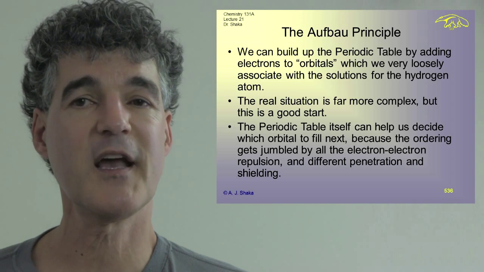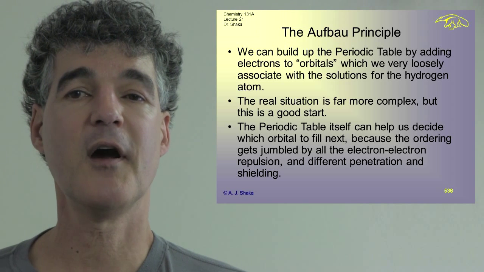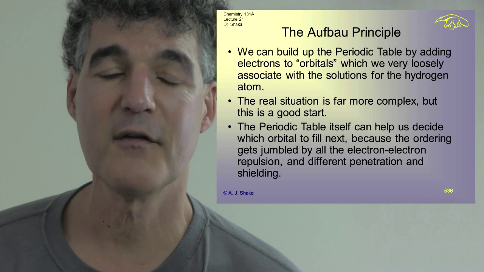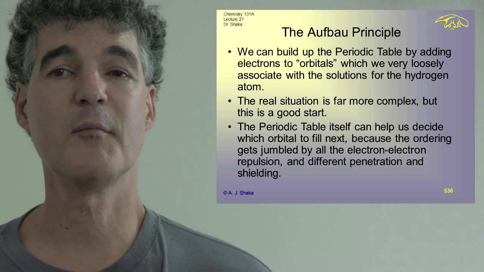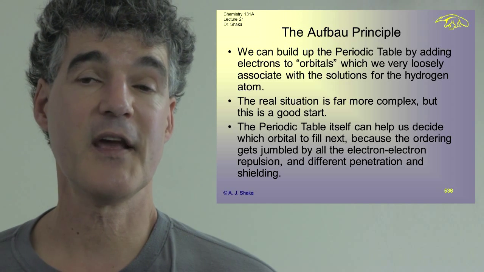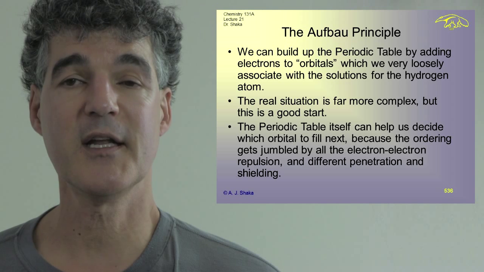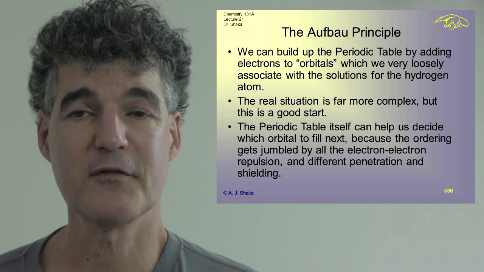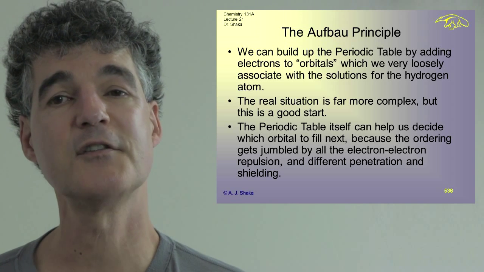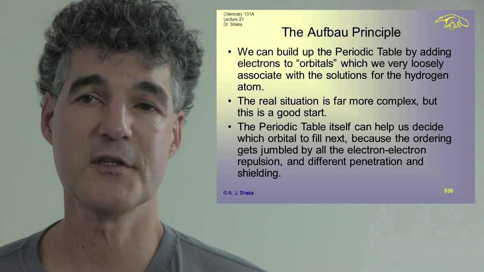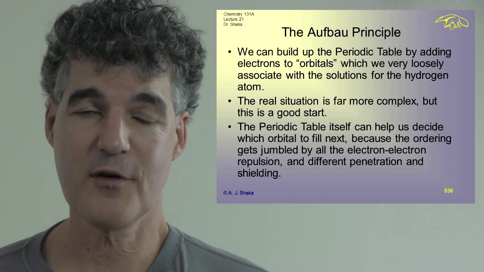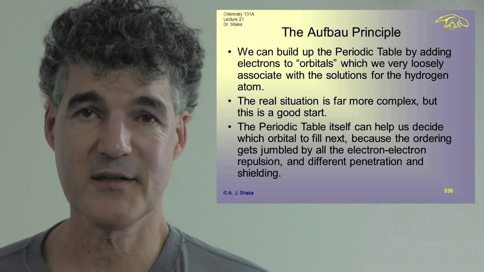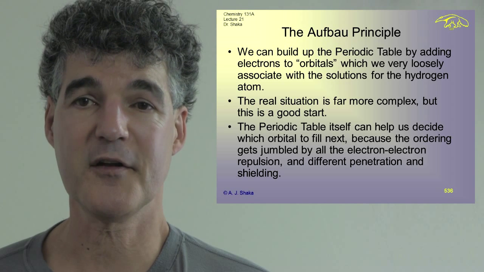We sort of think of them as having similar shapes, but really what we ought to do is go to the website and look at the shapes, at least for the self-consistent field orbitals, because then we'd have a much better feel. And then we'd see that they change as the atom goes. So a 1s doesn't become much different, but some of them do become different as you add more electrons and get more repulsion. The real situation, of course, for any of these multi-electron atoms is much more complex than this, but at least this is a good start.